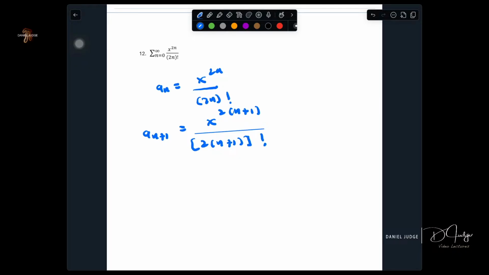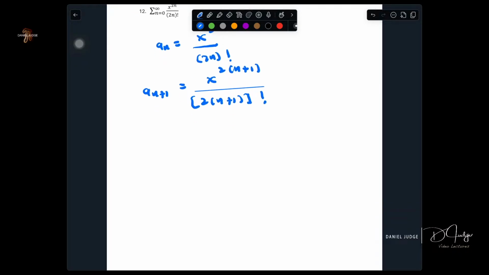So maybe it is good we go over this one as well. I'm going to simplify now. That's x to the 2n plus 2 over (2n plus 2) factorial. All I did was distribute here and here.